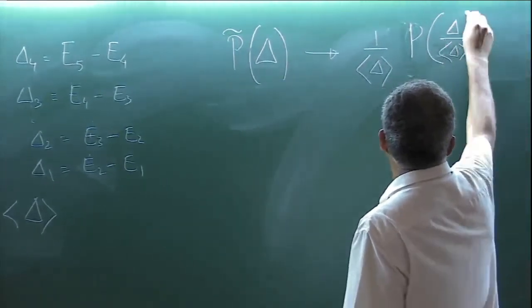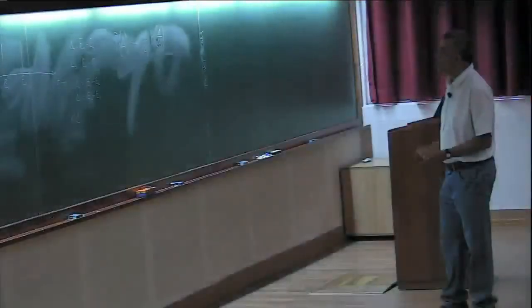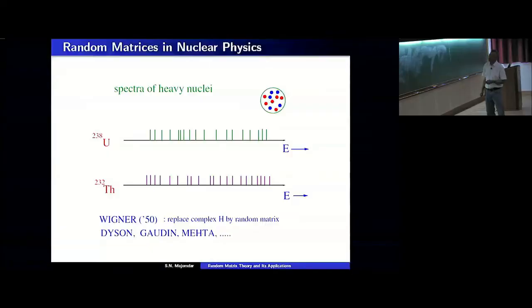You just divide by the average spacing so that the mean spacing is of order 1. If I want to compare between uranium and thorium, the mean spacing of uranium is going to be quite different from thorium. So if I want to do some scaling, then I should divide by the mean spacing.